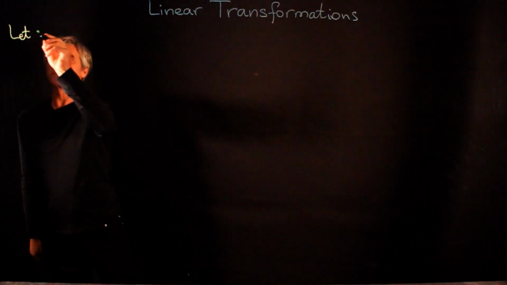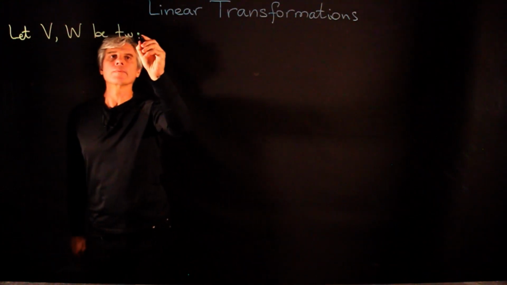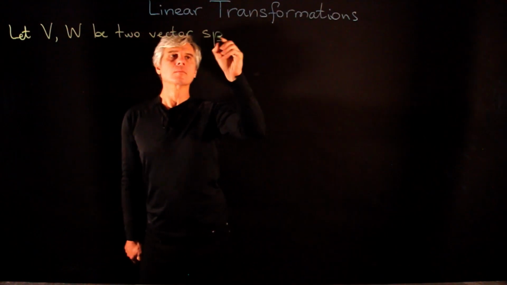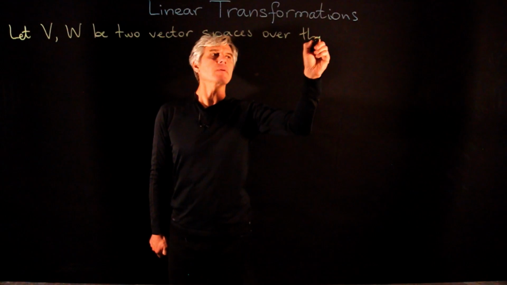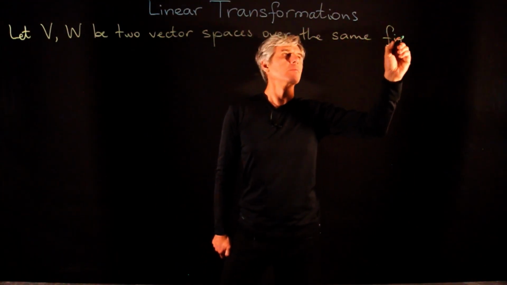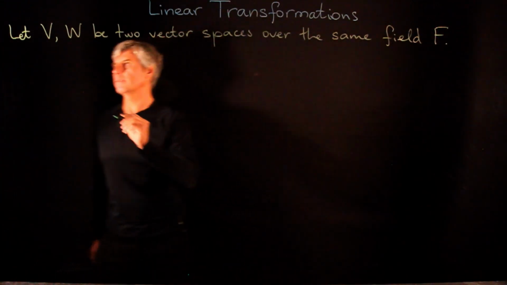Let V and W be two vector spaces over the same field F. Definition.